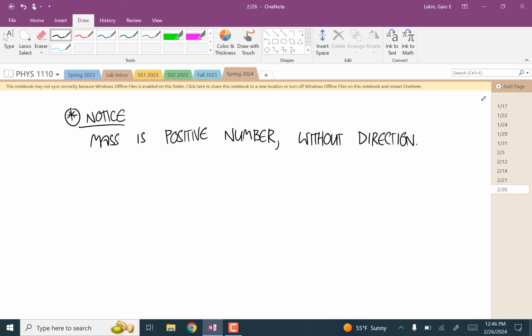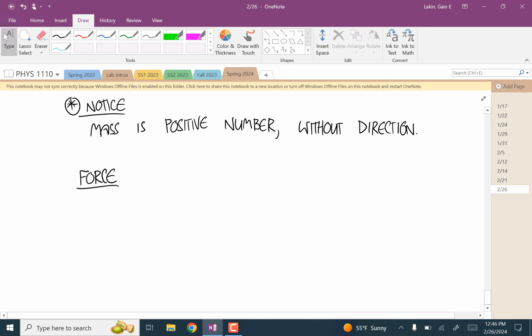Now we have to define force, and that's going to be a little more complicated. Force is a vector, so that's different from mass.